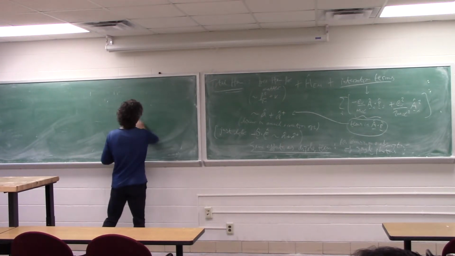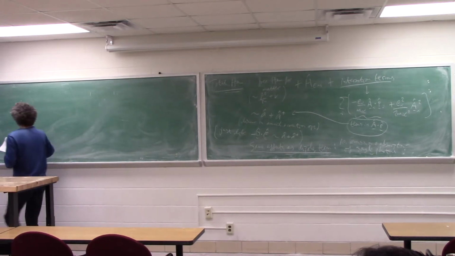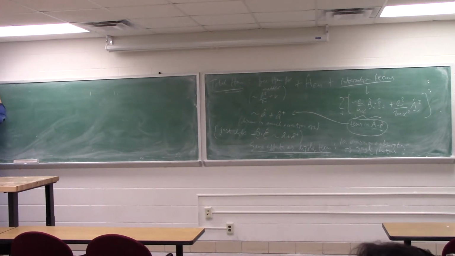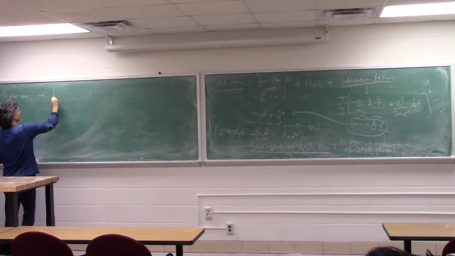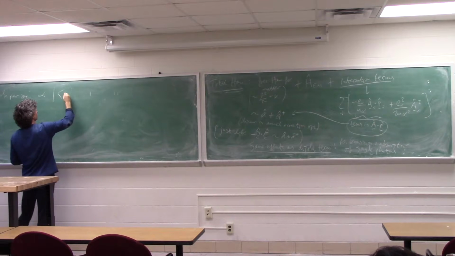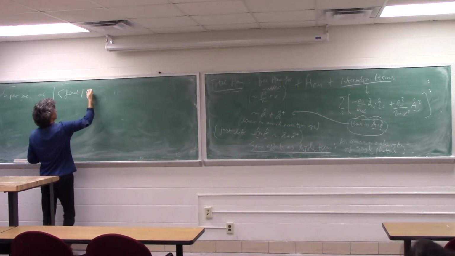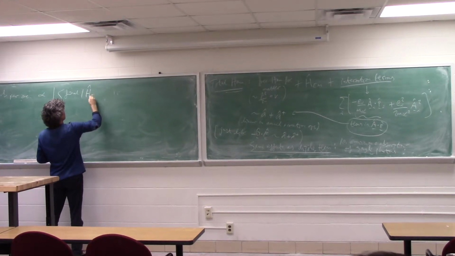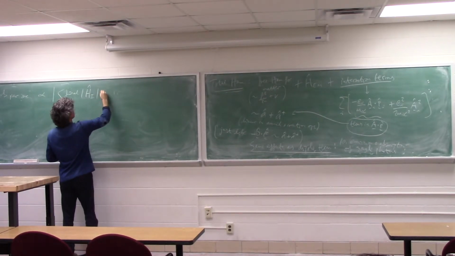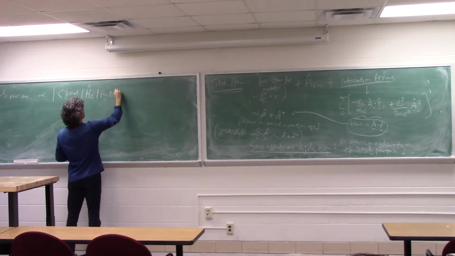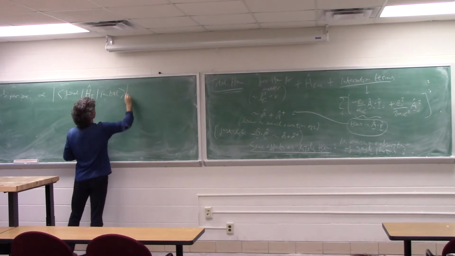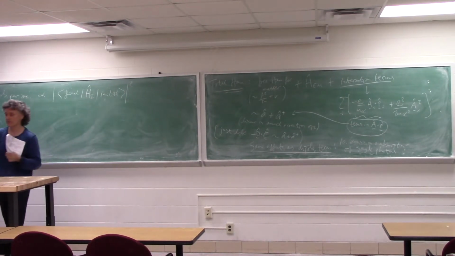Now, just to make clear that we understand what's happening, remember, probability per second is proportional to the square of the matrix element between the initial and final state. Remember Fermi's golden rule.